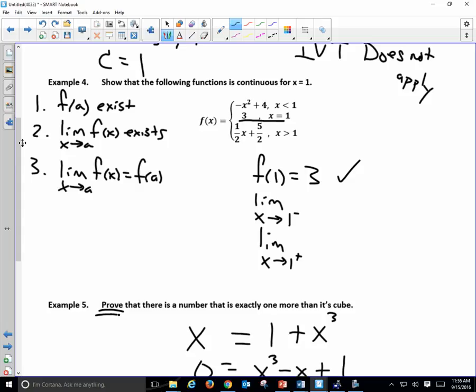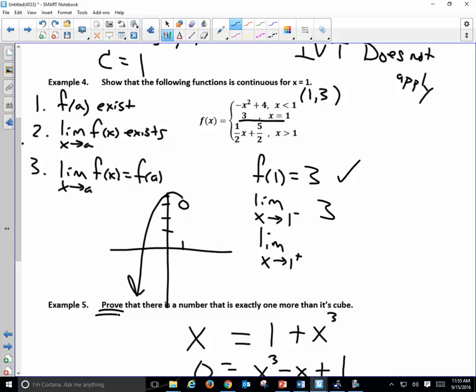So if you were to come up with an endpoint here, you would plug in 1, and what would your output be if you plugged in 1? 3. So if we were to make a graph, which I won't do for the entire piece, but negative x squared plus 4, you would have an open circle at 1, 3, and that would be that part of the graph, right? So you can see that the limit is 3 from the left.